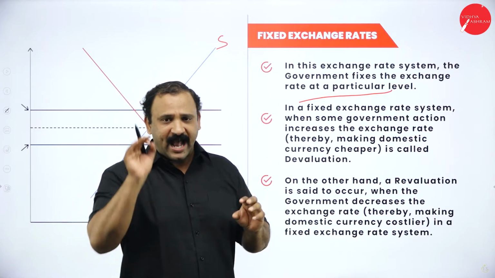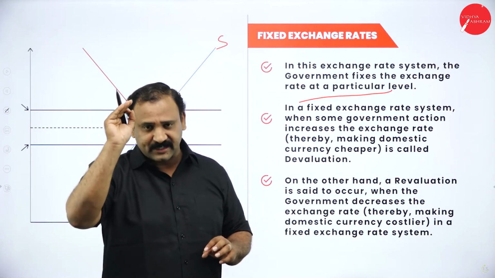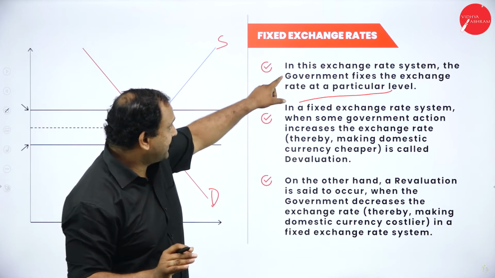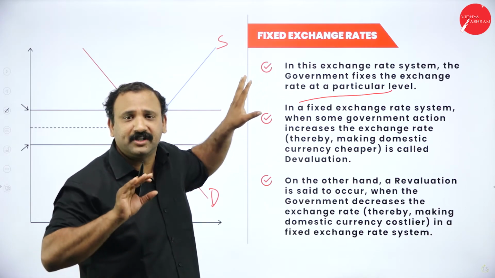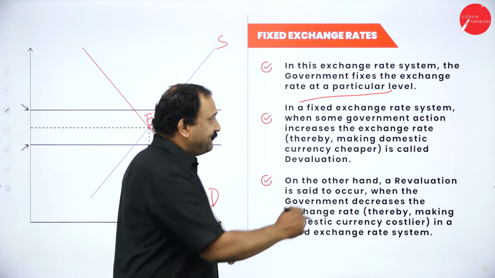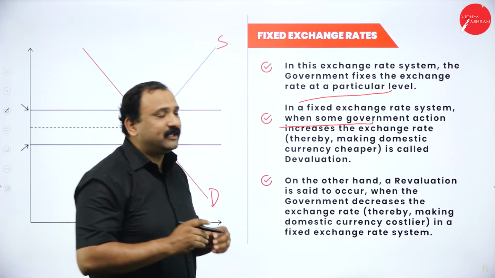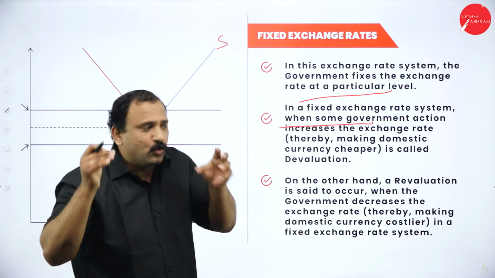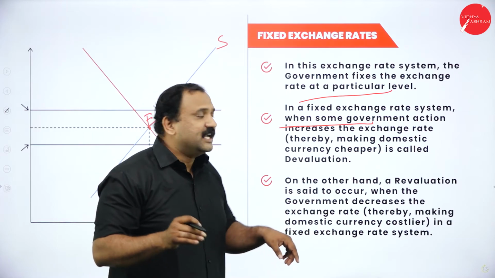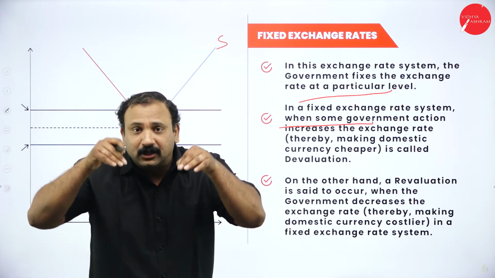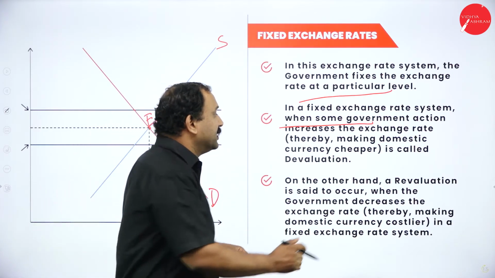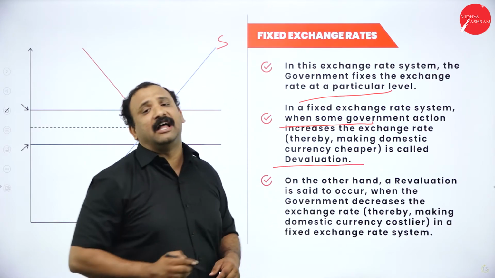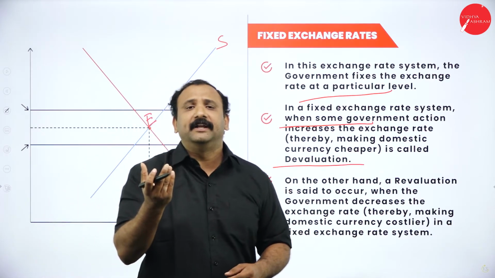They are saying that at a particular level only this currency can be traded. So automatically it is fixed. You cannot change the price. Second, in a fixed exchange rate system, when government action tries to increase the exchange rate, thereby making the domestic currency cheaper, we call it devaluation. It has happened many times in China.